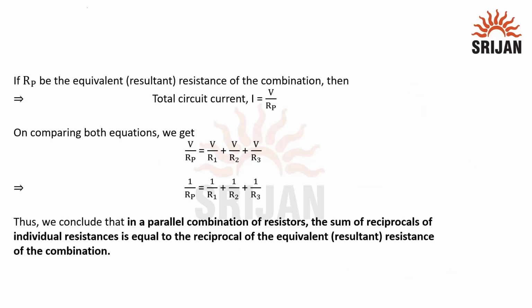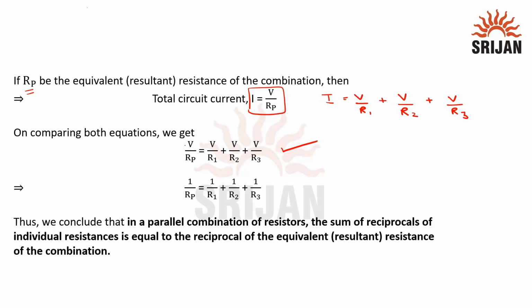So now suppose Rp is the equivalent resistance of the combination, the total current in the circuit will be I is equal to V divided by Rp. Now if we compare both these equations, that is I is equal to V by Rp and I is equal to V by R1 plus V by R2 plus V by R3, we will get V by Rp is equal to V by R1 plus V by R2 plus V by R3.